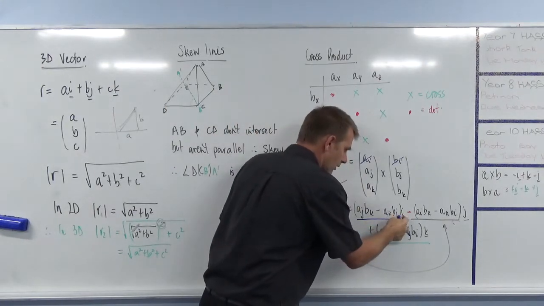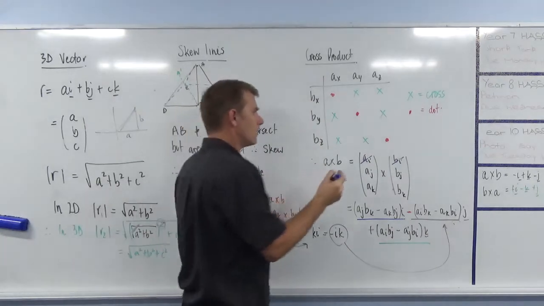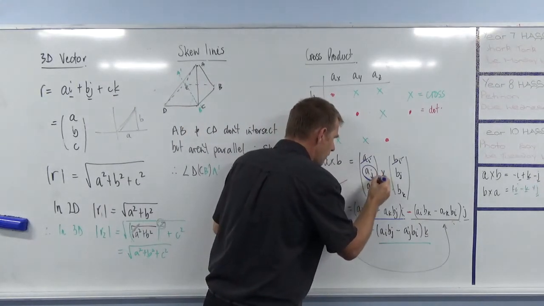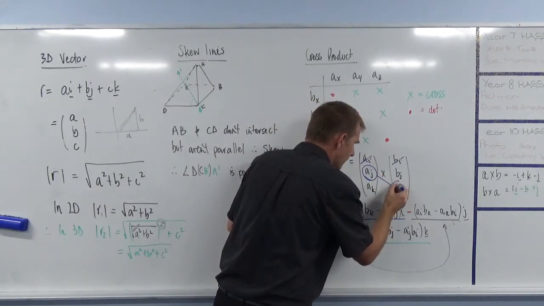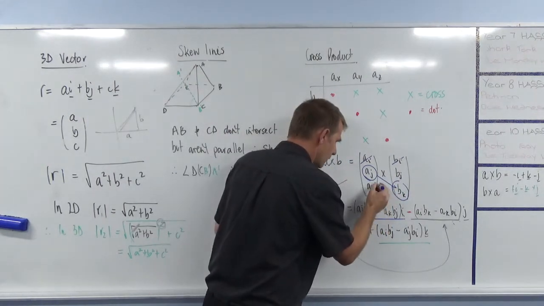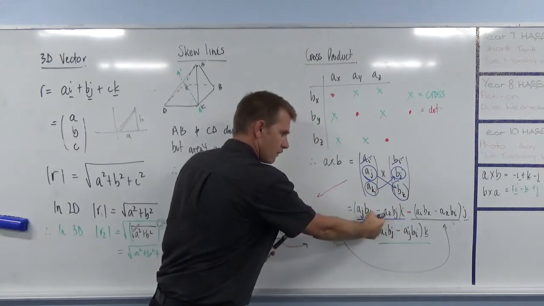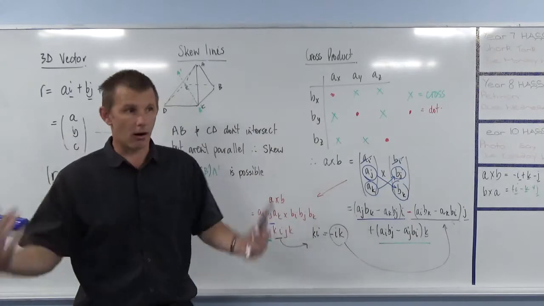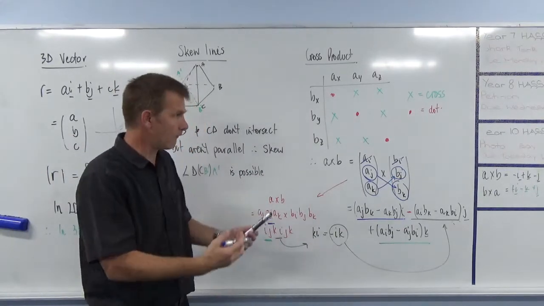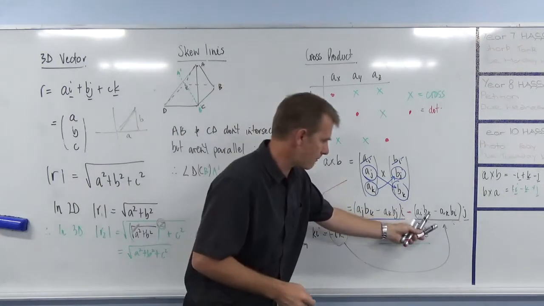I'm working out the I component, so ignore the I component from your original. Then I want to take that one times by that one minus that one times by that one. And the answer to that will be the I component of my cross product. Now, in a similar way, I'm going to bypass the J for a moment.